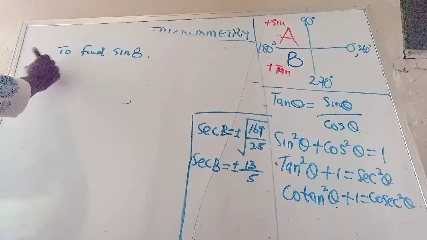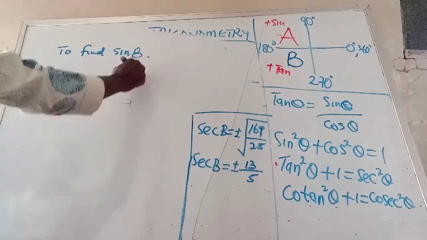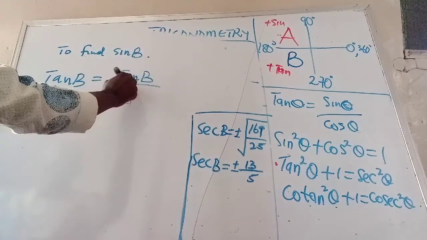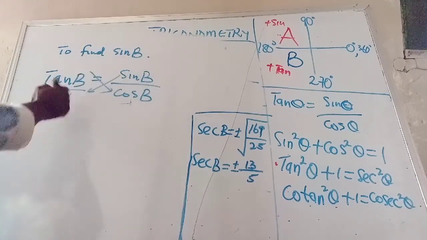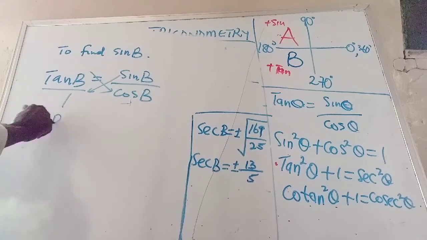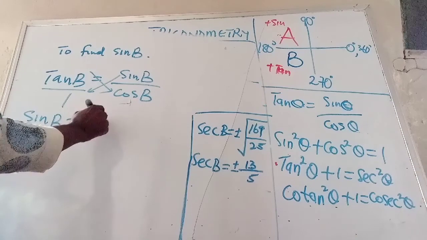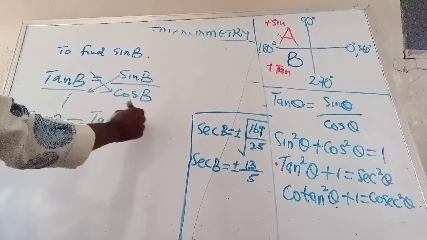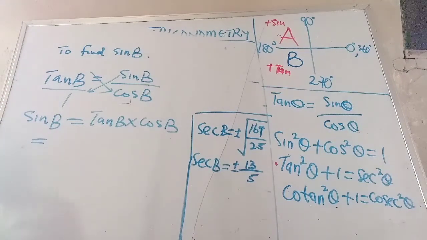That means tan of B will be equal to sine of B over cosine of B. When you cross multiply, that means sine of B will be equal to tan of B times cosine what? B. And what's our tangent of B?